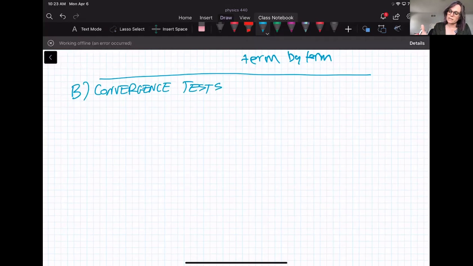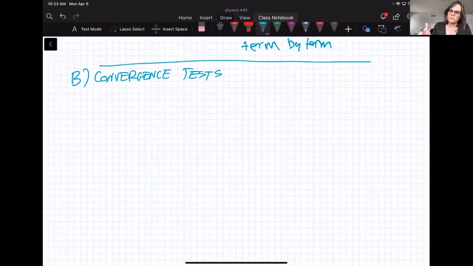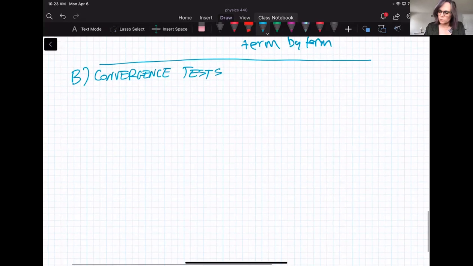If we can represent something that looks complicated as a series, then potentially, especially if it's a power series, we can integrate that or take the derivative of that function a lot more easily. So we've already looked at a couple of these.